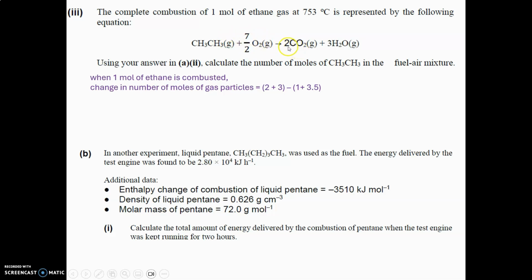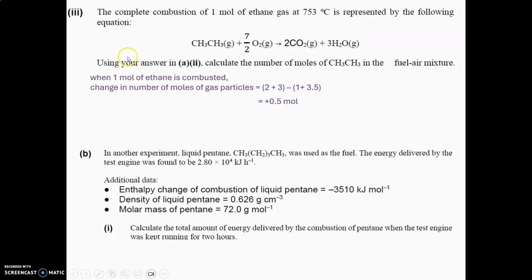My products, there's 2 moles of carbon dioxide and 3 moles of steam. So there's 5 moles of products. So the change in number of moles of gas particles is 5 minus 4.5, which is plus 0.5 mole.